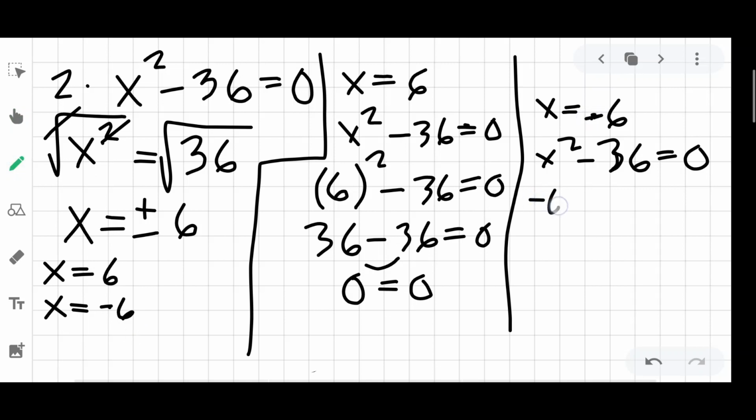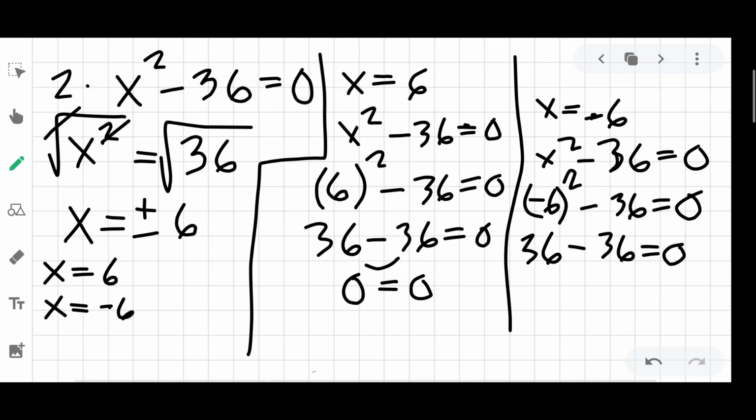Okay, so negative 6 squared minus 36 equals 0. Negative 6 times negative 6, the answer is positive 36. Then bring down, negative 36 equals 0. 36 minus 36, the answer is 0.